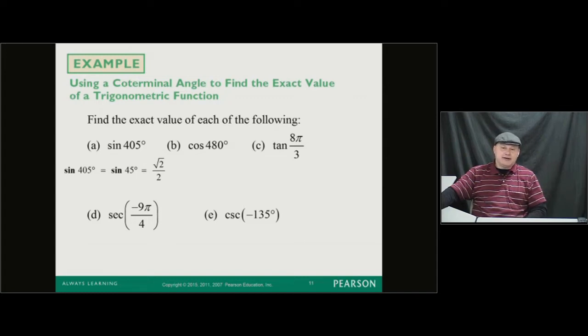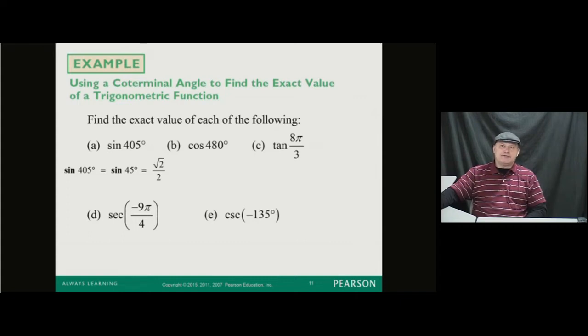That's one of my special angles. So even though I may not know the sine of 405, I can do the sine of 45 degrees. There's a theorem that the author kind of fluffed over a little bit, but basically it says that a trig function evaluated at an angle gives you the same ratio as the trig function evaluated at its coterminal angle. So that's what we're using here.